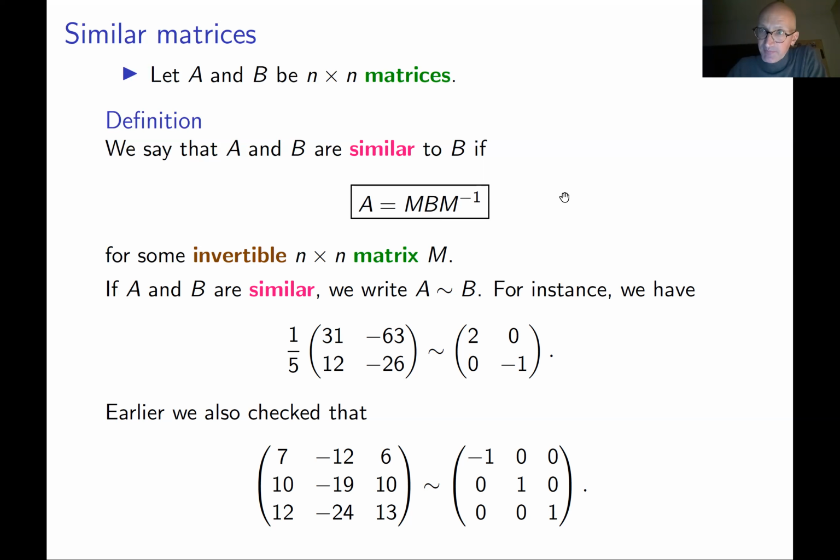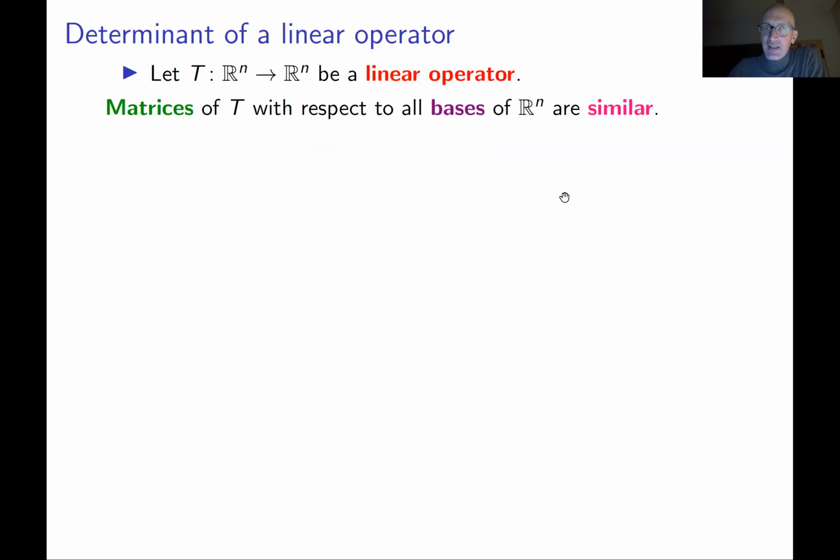We can use this to define the determinant of a linear operator. This is part of our big plan to translate a lot of things from the world of matrices to the world of linear operators. We translated everything in the previous part of this lecture, except determinants.